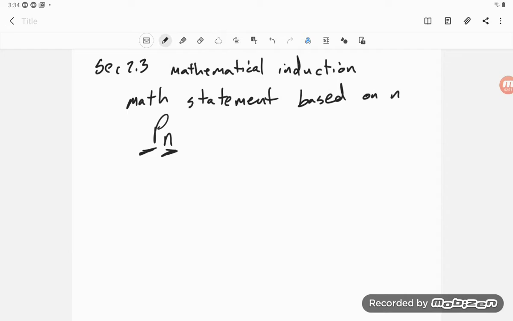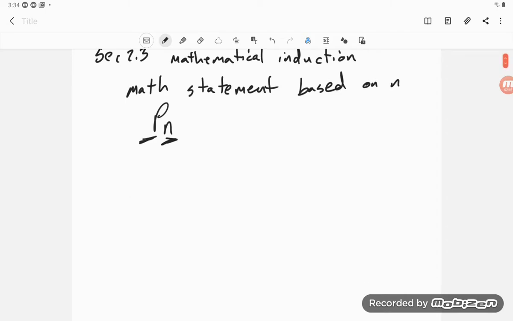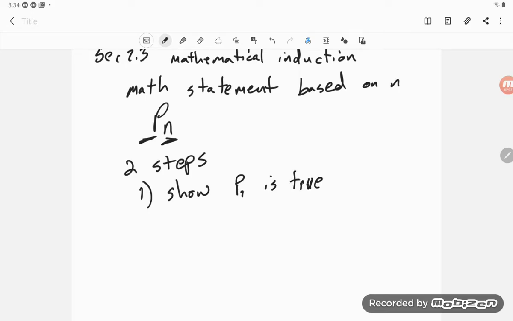Now, what we do in mathematical induction is it involves 2 steps every time. Step 1 is we show P sub 1 is true. And sometimes that's very trivial. But we show that the base case for n equal 1 is true.